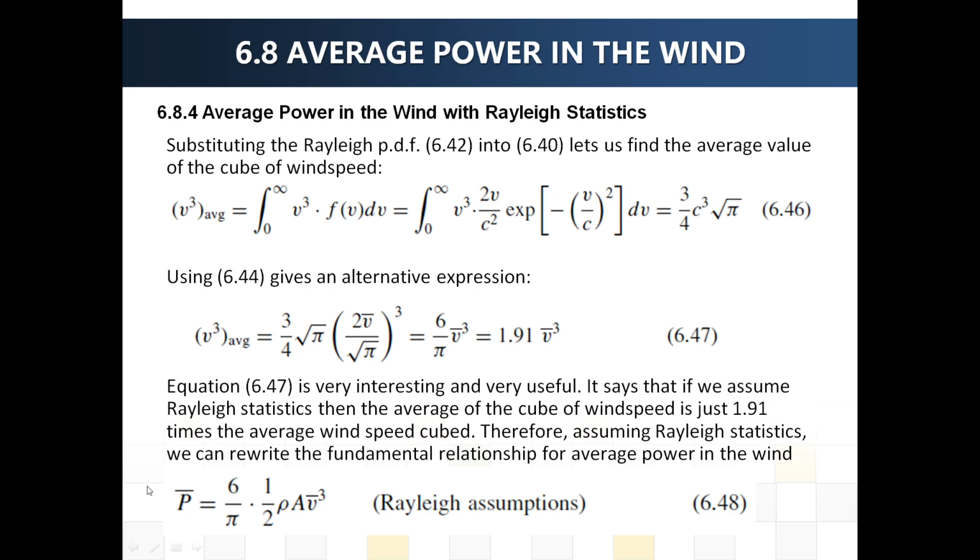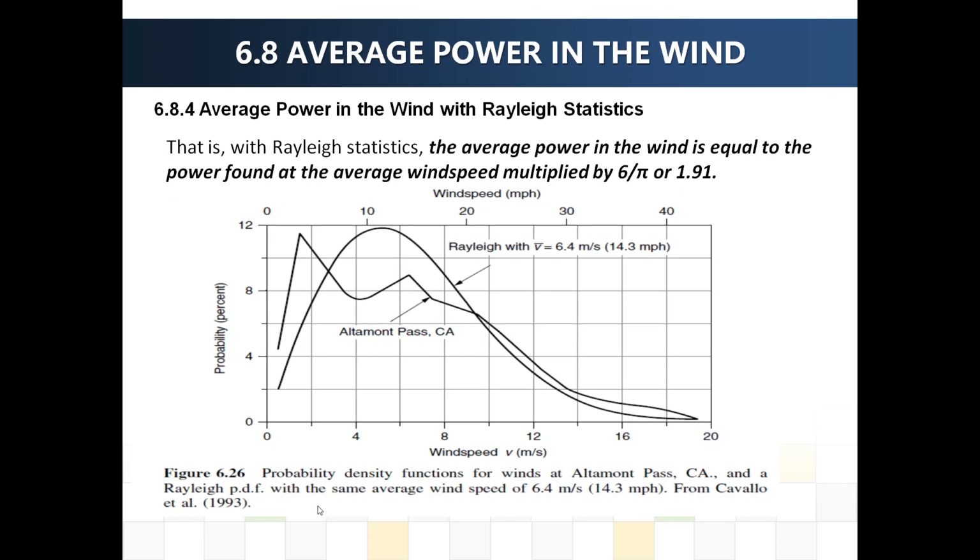The average power in the wind is equal to 6 divided by pi times 1/2 rho A times the average wind speed cubed. So with Rayleigh statistics, the average power in the wind is equal to the power found at the average wind speed multiplied by 6 divided by pi, or 1.91.